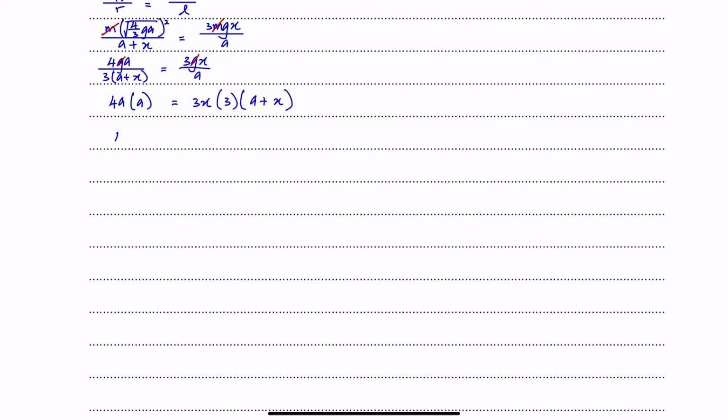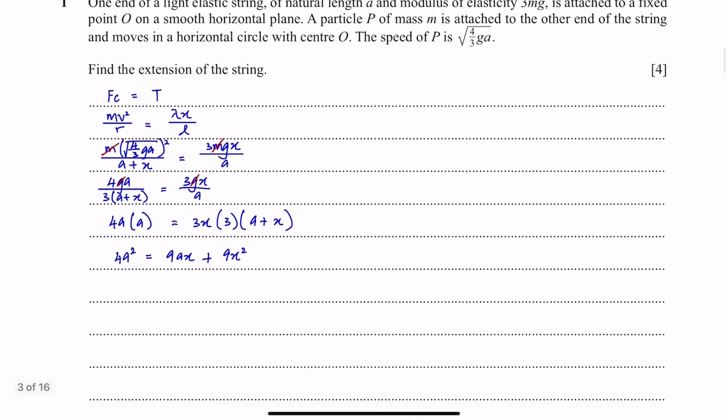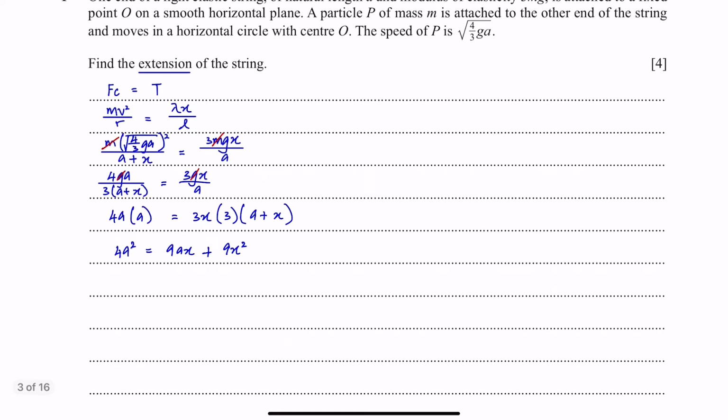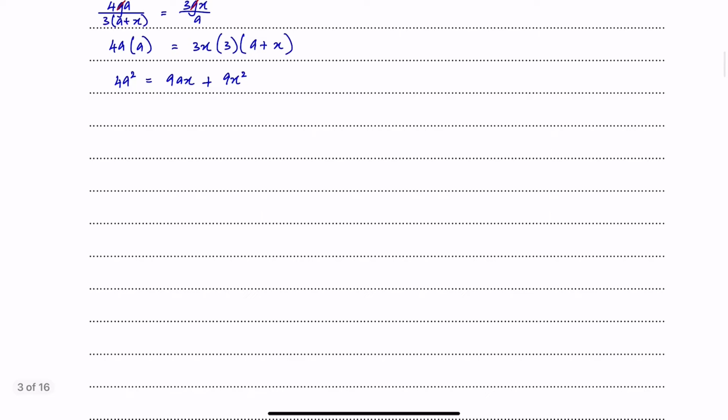Alright, so the left side would be 4a squared, and the right side would be 9ax plus 9x squared. And since we want to find the extension, which is x, we can arrange it into this form: 9x squared plus 9ax minus 4a squared equals 0.